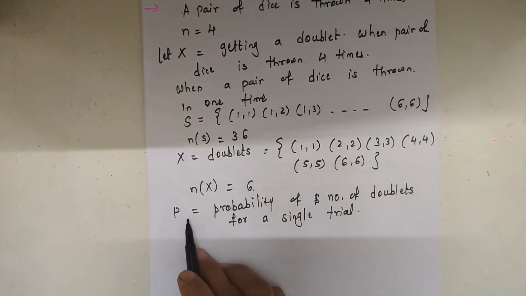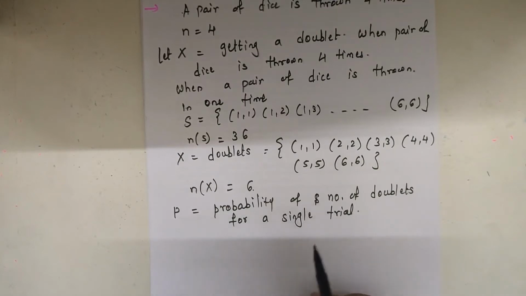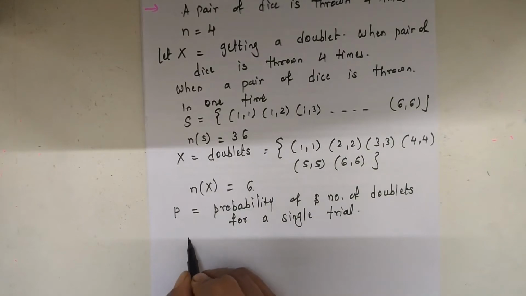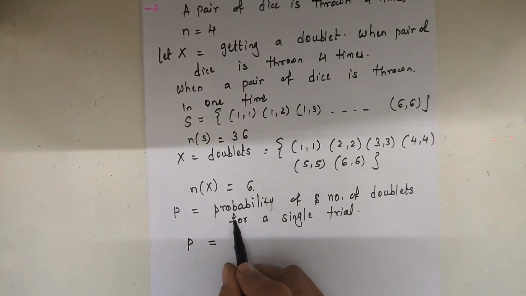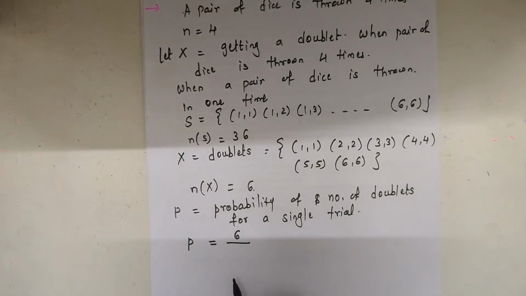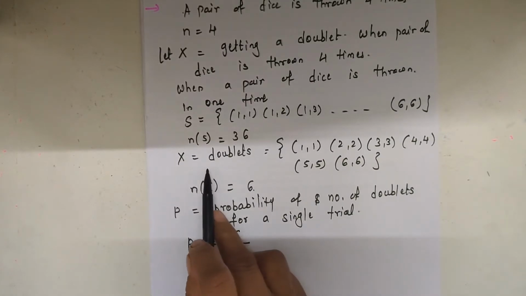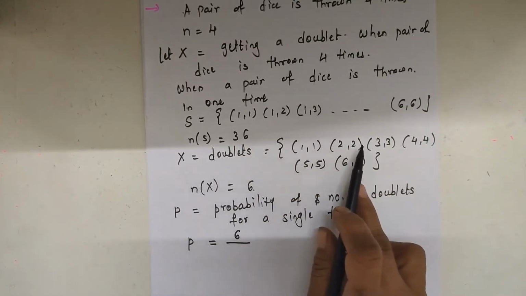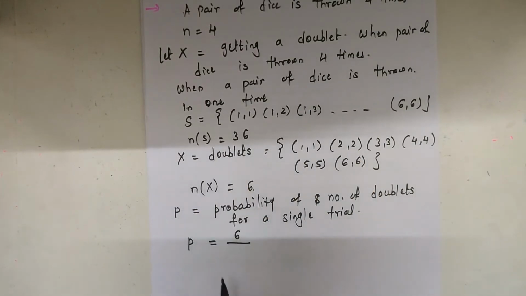So P is equal to the probability of the number of doublets for a single trial, which is the number of doublets, 6, upon the total number of sample points, n of S equal to 36. So P is equal to 1 upon 6.